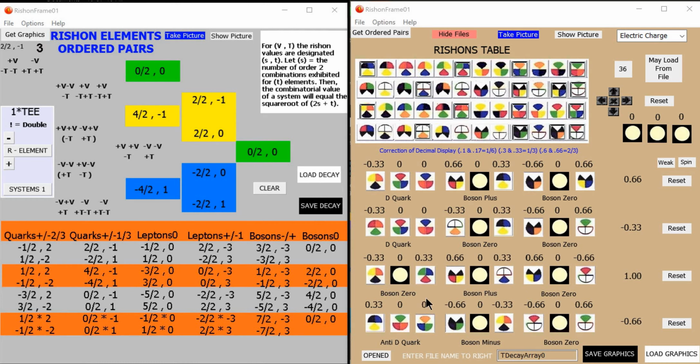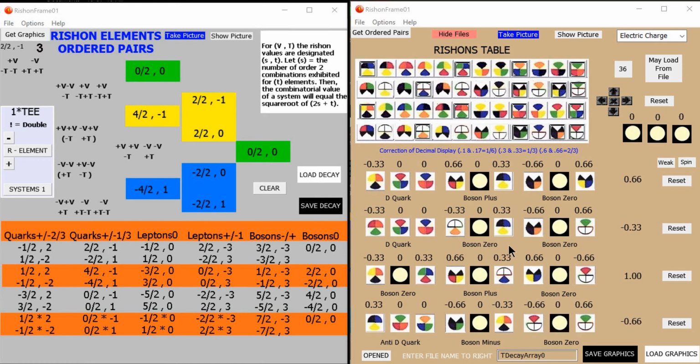And since we started with 2/3 and we emitted 1, we have a D-quark, and this generic D-quark carries the electric charge of minus 1/3 that we had on the original generic D-quark.